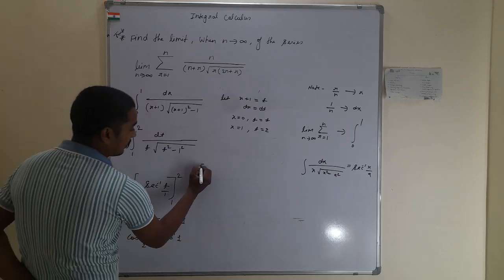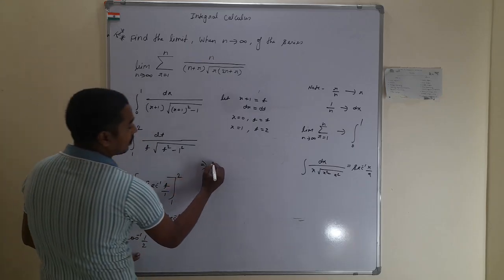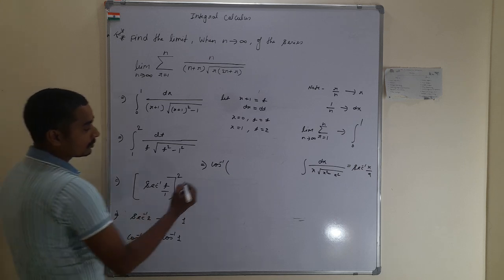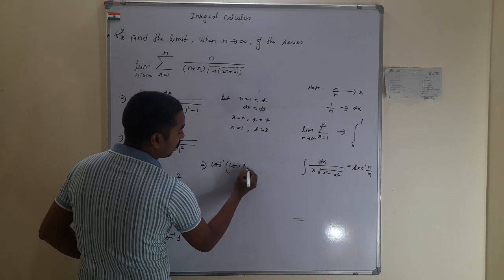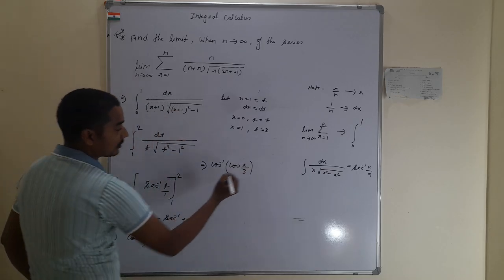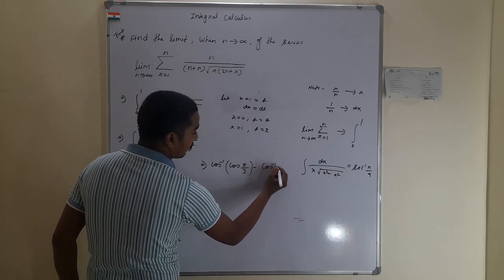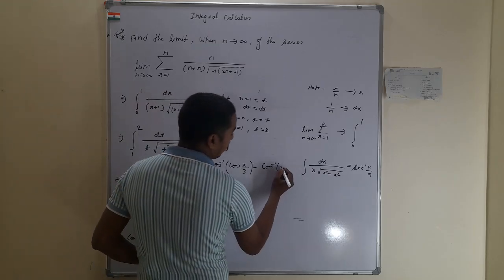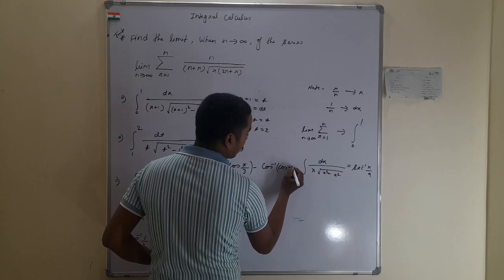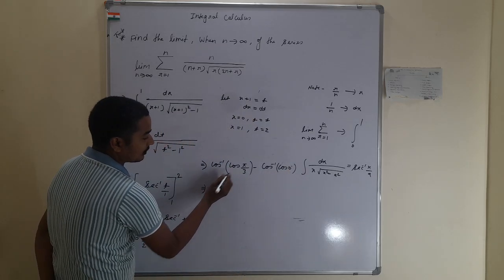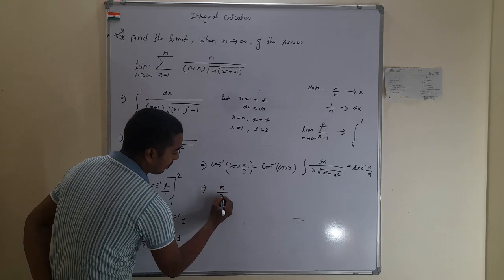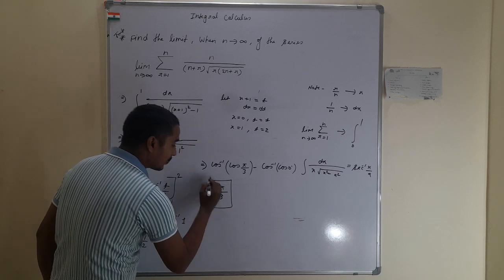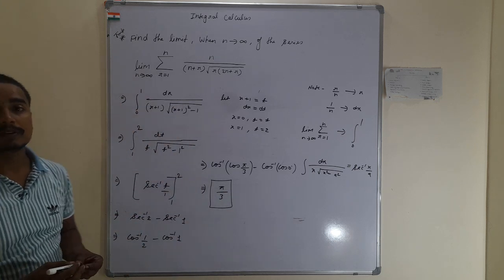Further we write the value of cos inverse of cos 60, which is 1 by 2, so we put cos pi by 3, minus cos inverse of the value of cos 0, which is 1, so we put cos of 0 radian. The cos inverse cos is removed. Here we get pi by 3, and here the second is 0. So pi by 3 is the required solution of the given problem. Thank you class, and thank you for watching.